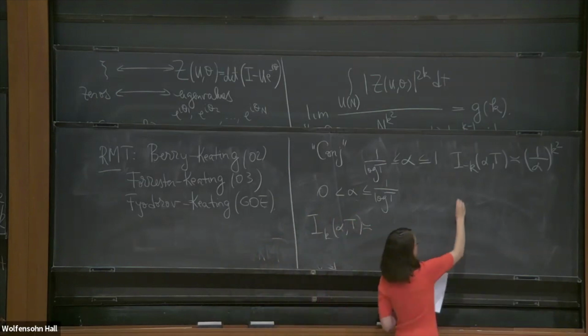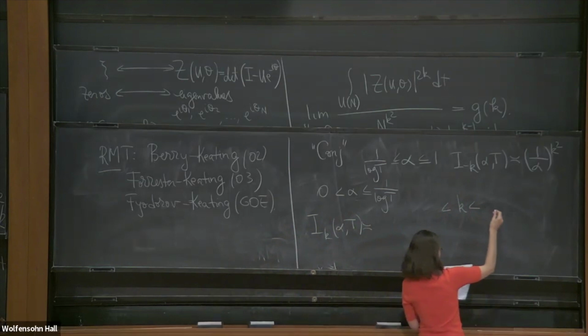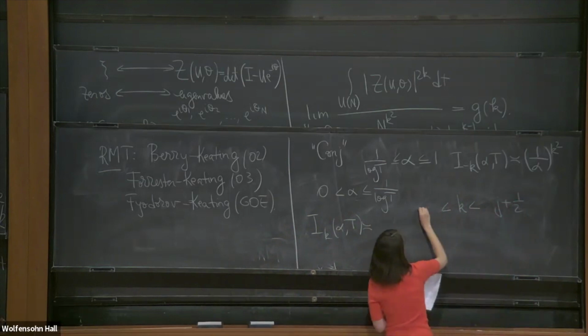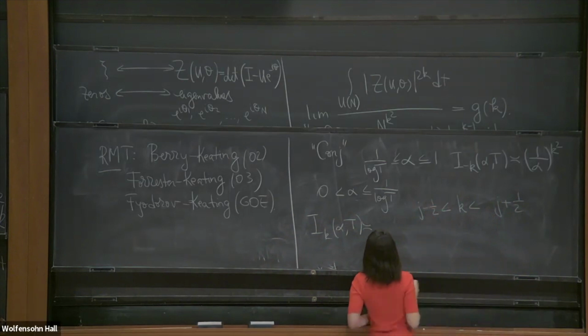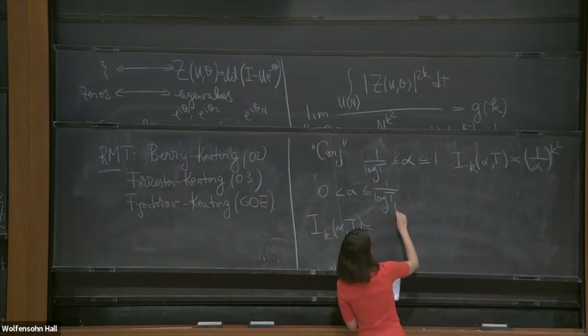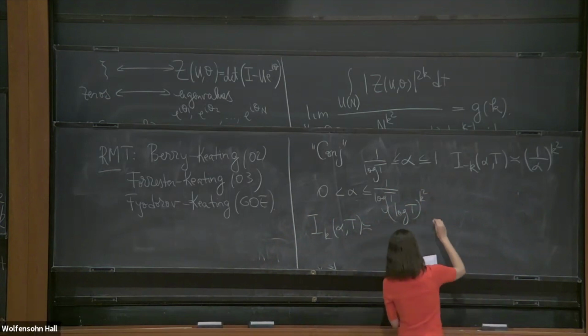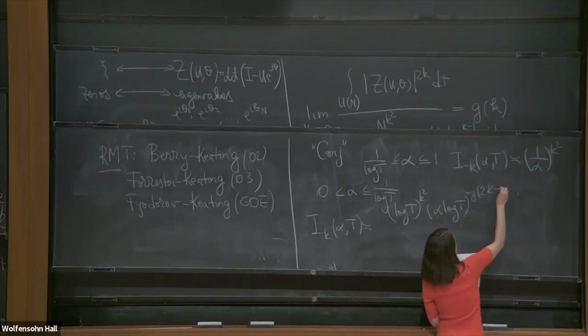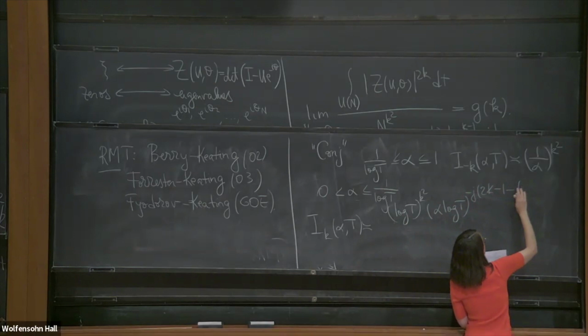If k is between j minus 1/2 and j plus 1/2, then the conjecture is that this is asymptotic to log t to the k squared times alpha log t to the minus j times 2k minus 1 minus 2k minus j.